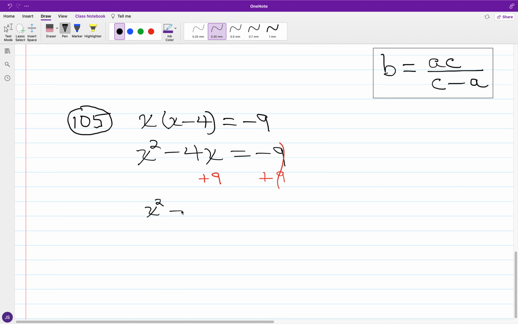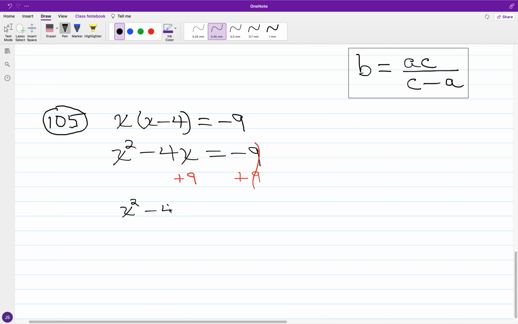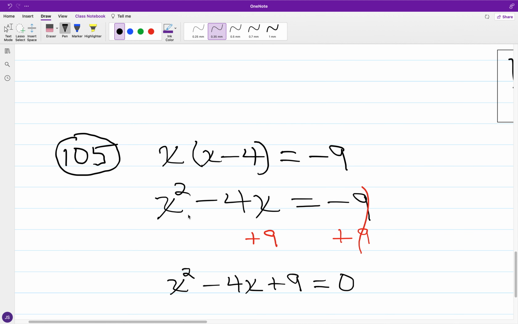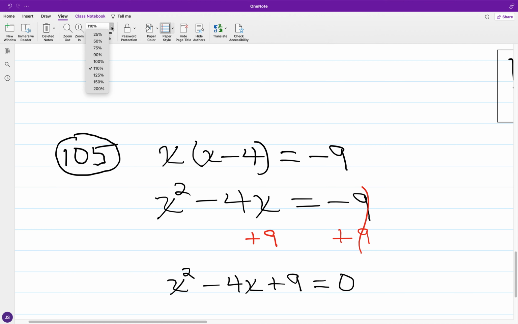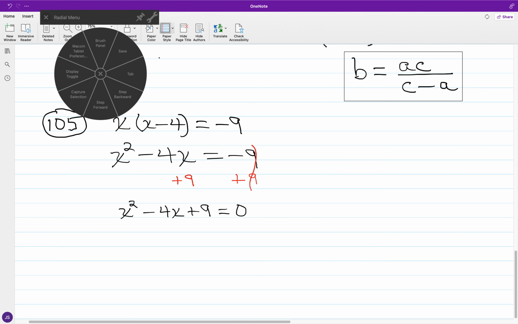So we have x squared minus 4x plus 9 is equal to 0. Now here I have a trinomial, but it is not one that I can factor into integer coefficients. There are no integer factors of 9 that will add up to negative 4. So as a recourse, if there are to be any solutions, I can utilize the quadratic formula.